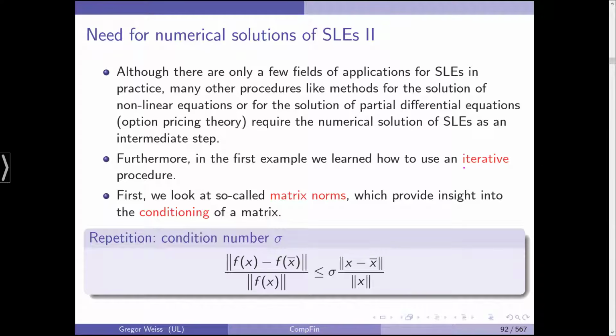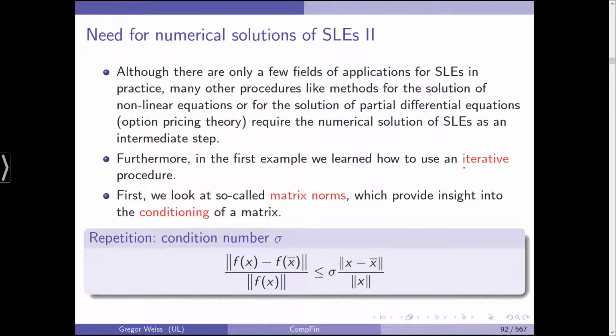So if you get the solution, it's usually the true and exact solution. An iterative procedure starts with a starting value or a starting solution vector, and then uses steps or iterations to improve on that initial solution in every step. And at some point, you stop.